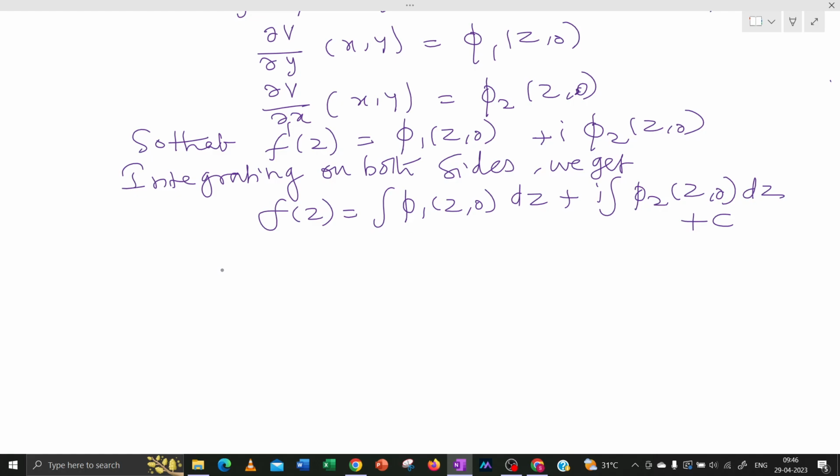Once we have constructed the analytic function, what is the method to find the harmonic conjugate in the Milne-Thomson method? Method to find harmonic conjugate by using the Milne-Thomson method.